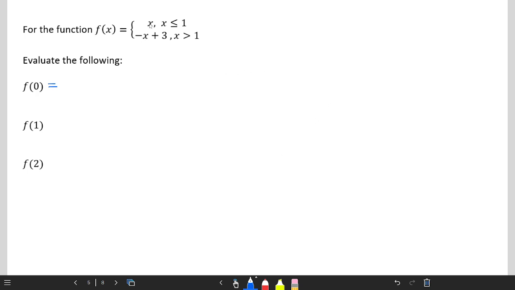But where should we substitute 0 for x? Should we do it here or should we put it here? And that's where we need to check which criteria this fits. So is 0 less than or equal to 1? Yes. Is 0 greater than 1? No. So we're not using the second piece, we're using the first piece. And if we substitute 0 for x there, we just get 0.